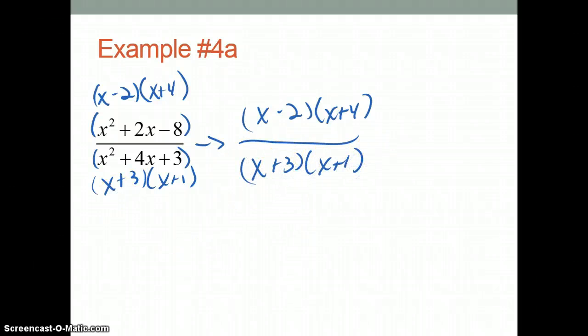Now I have things that I can look to cancel. At this point, none of these terms on the top match the bottom, and none of the terms on the bottom match the top. This is kind of step 1 of a more complex problem that you will see on example 4b. So all we've done is factor it and see if anything matches. If it does match, we cancel out. If not, we do not.